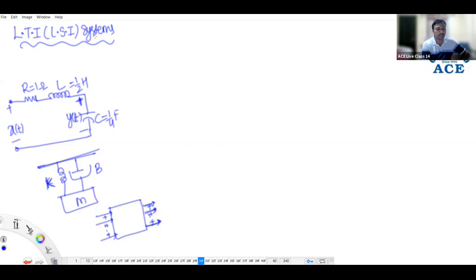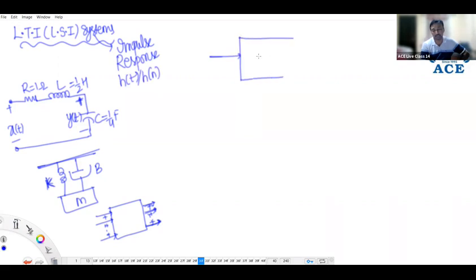The first point is that an LTI system is always described with respect to the impulse response. What is the meaning of impulse response? When you apply input as x of n, output is written as y of n equals the transformation of x of n.